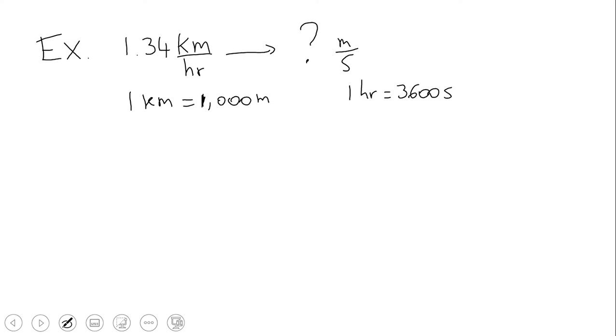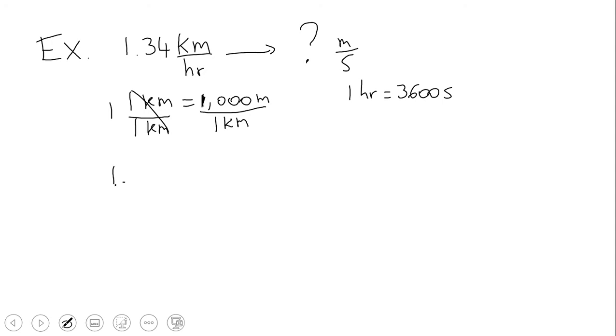I have kilometers in the numerator, so in order to get rid of that, I have to do precisely what I did earlier. I can divide both sides here by kilometers. The left gives me 1. So multiplying by the ratio on the right is the same as multiplying by 1.